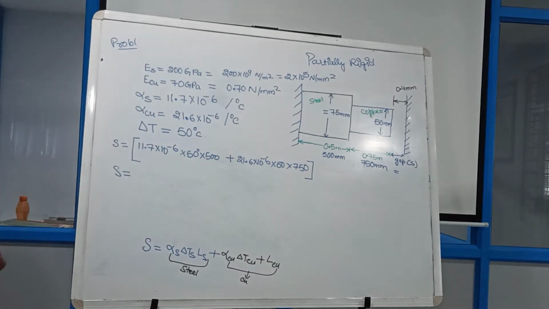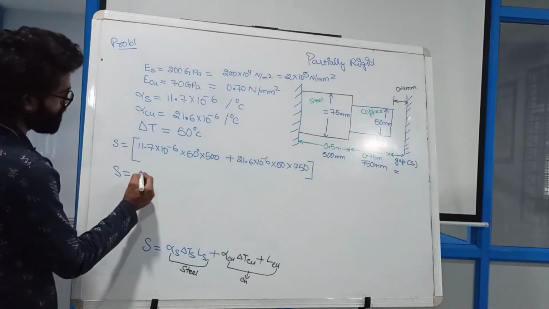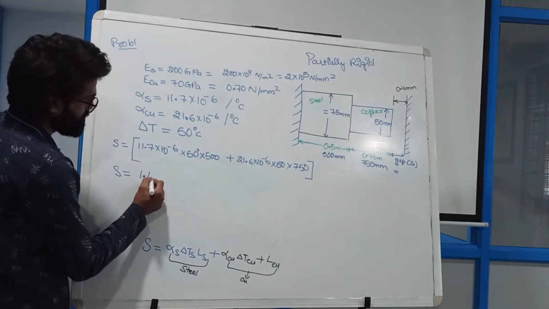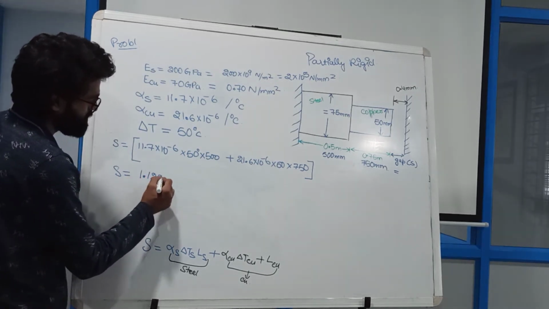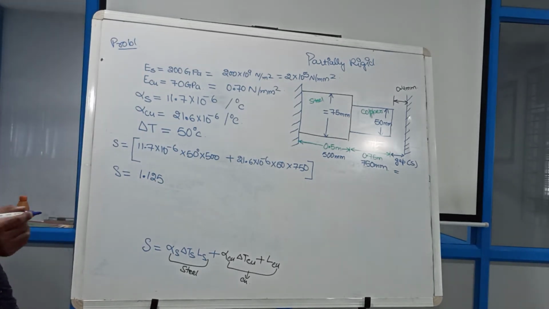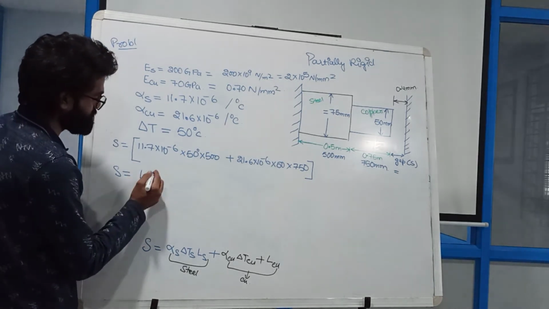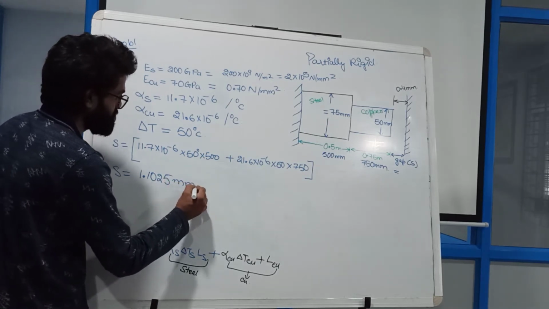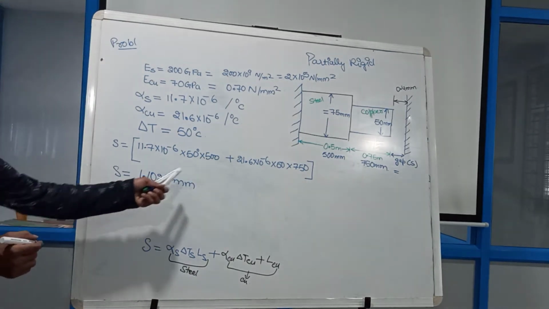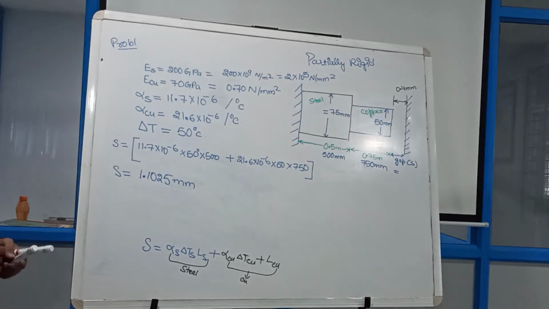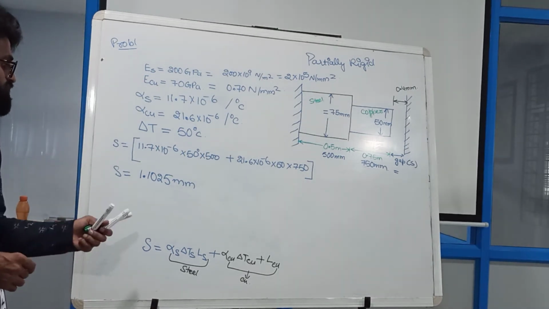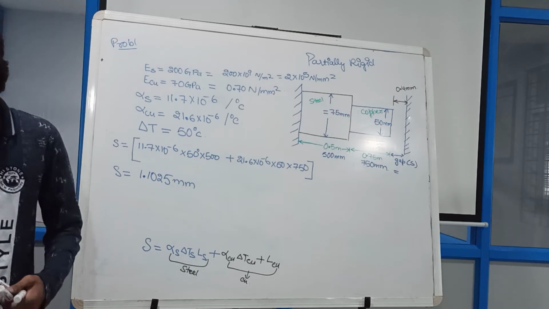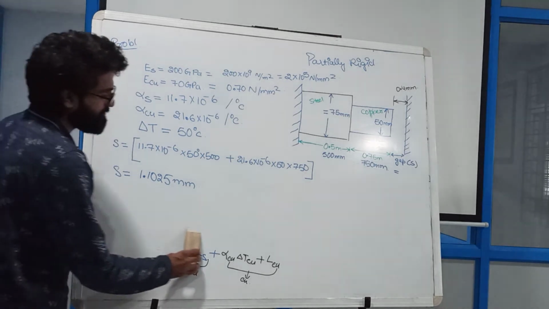If you solve this, you are going to get 1.1025 mm. Already I solved this, you can also solve that. So after simplification, delta is equal to 1.1025 mm, right? So I got my free expansion.